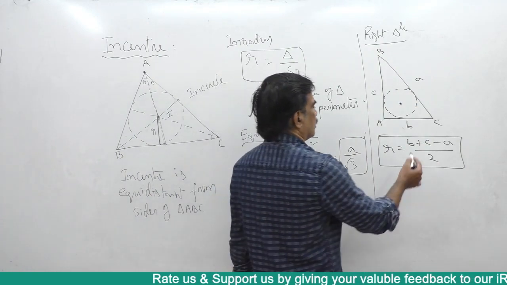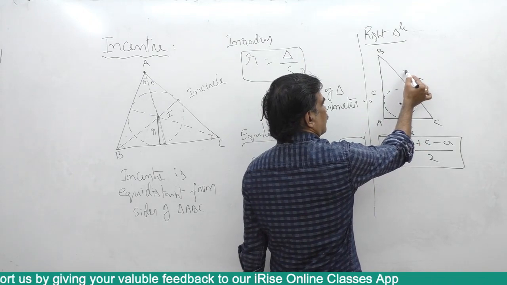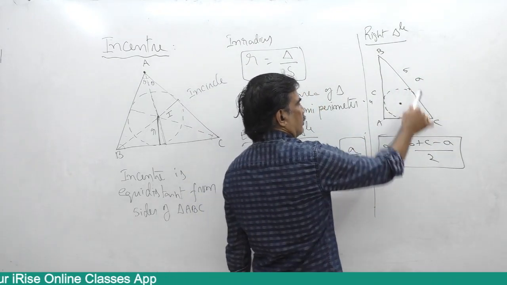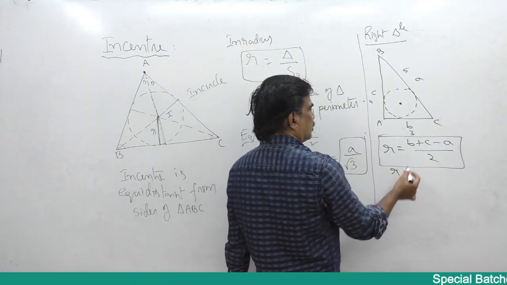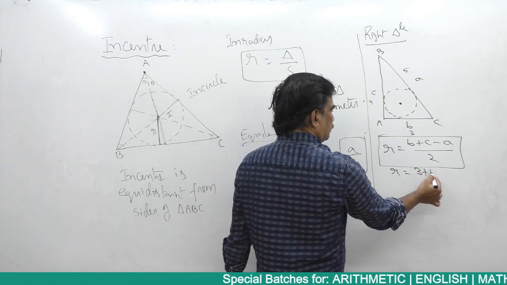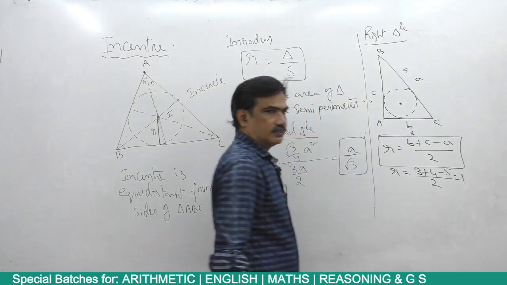For example, 3, 4, 5 are the sides of a right angle triangle. Therefore, the inradius r is equal to 3 plus 4, 7, minus 5, by 2, which is equal to 1.